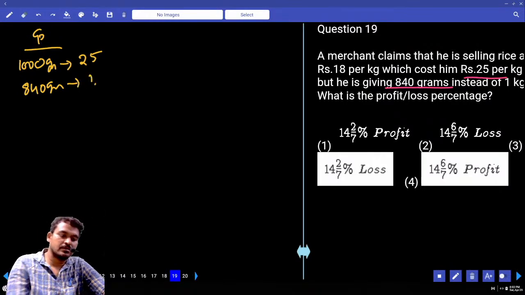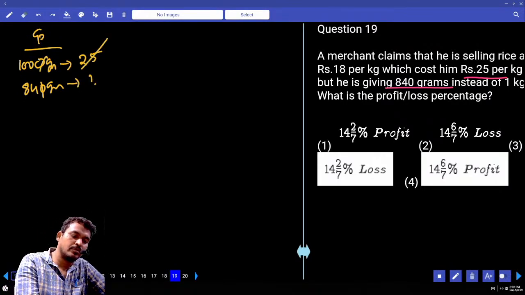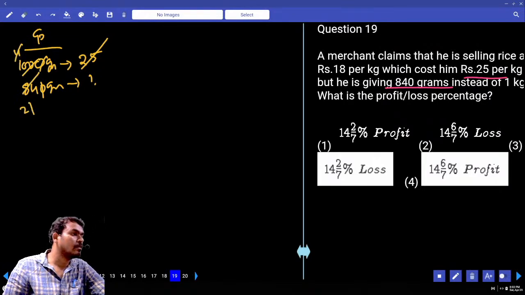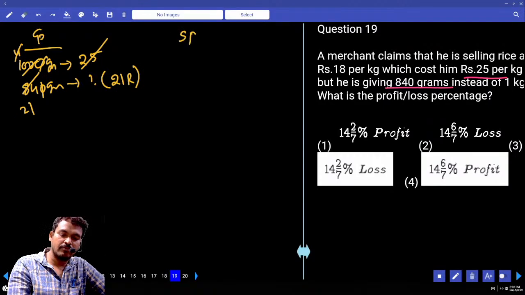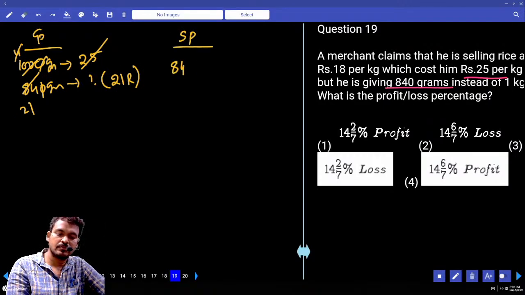What is the cost price of 840 grams? Cancel the zeros: 25 times 4 times 21 gives 21 rupees. The cost price of 840 grams is 21 rupees, and the selling price of 840 grams is 18 rupees.